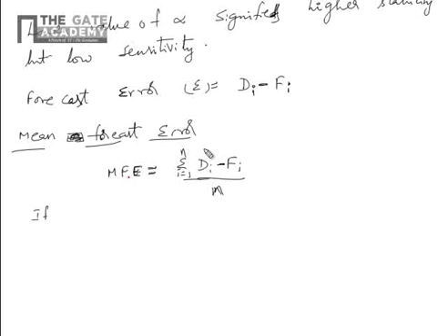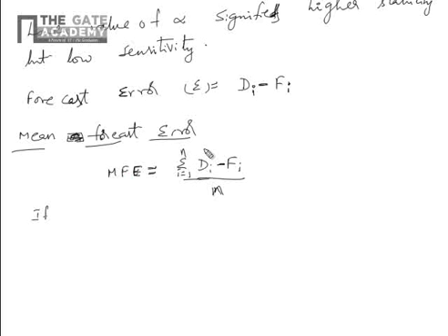Even if there is error, mean forecast error may come zero because we are taking actual values. Suppose there are 10 observations, 5 came as positive, 5 came negative. After summing negative and positive, if you get zero, as per the value it is telling that there is no error. But if you look at the data for each observation, there is so much error.